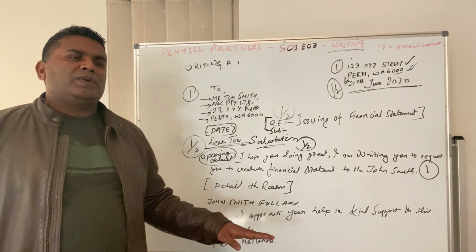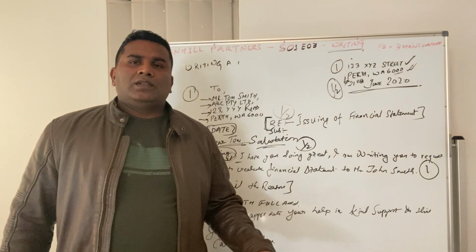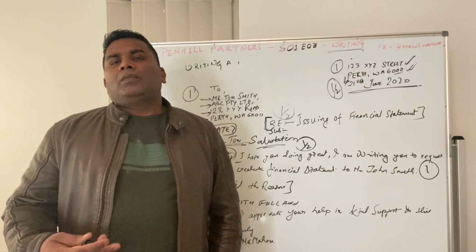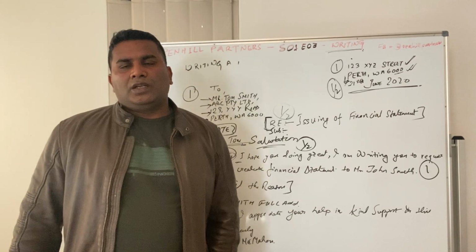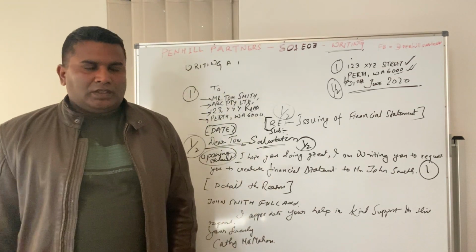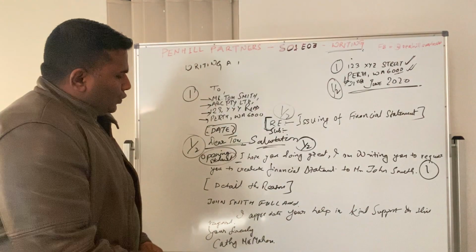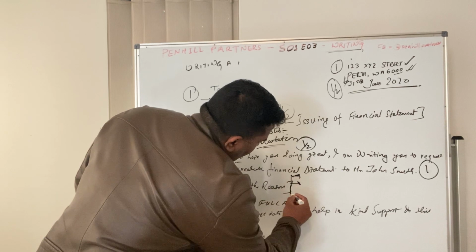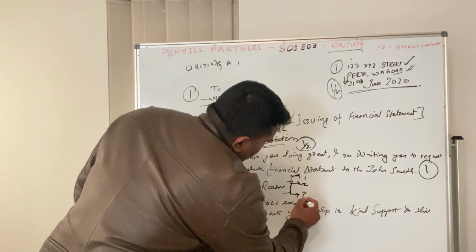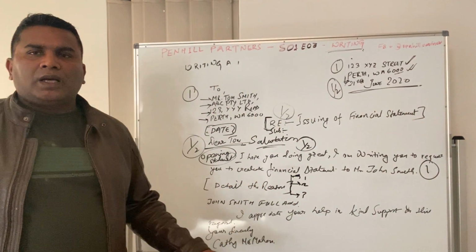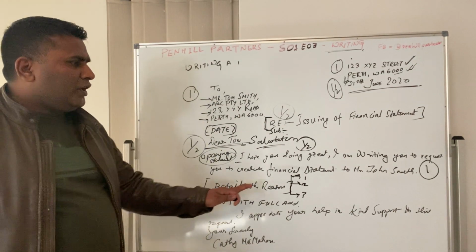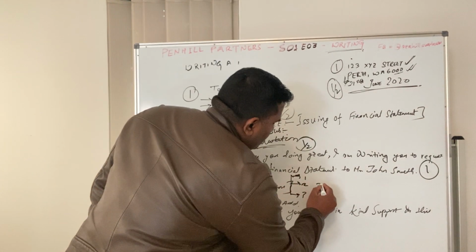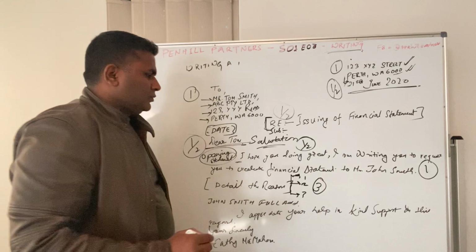The financial statement should cover my liabilities and assets, my last year's profit and loss details, and my business details. So you can break this into a maximum of 3 paragraphs. 1, 2, 3. Minimum you have to break into 3 paragraphs. If you break into 3 paragraphs, you get 3 marks here.